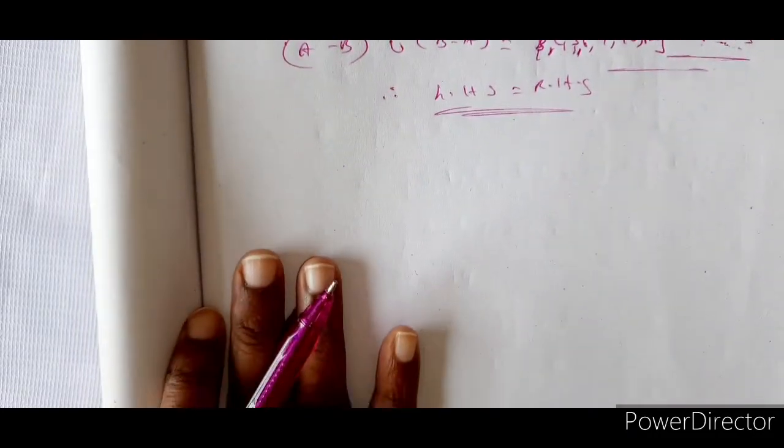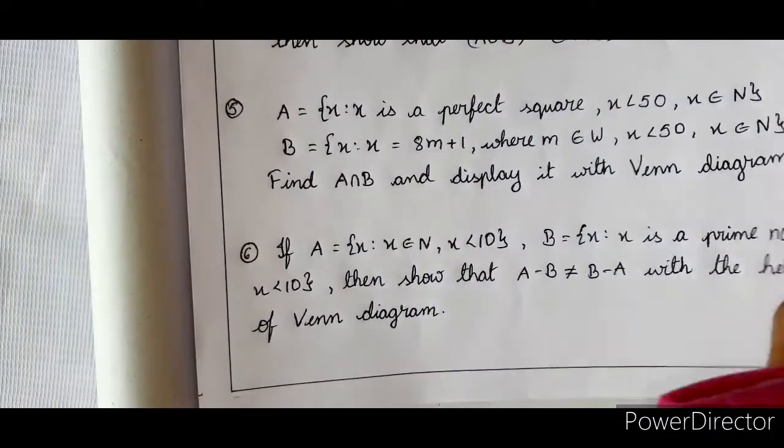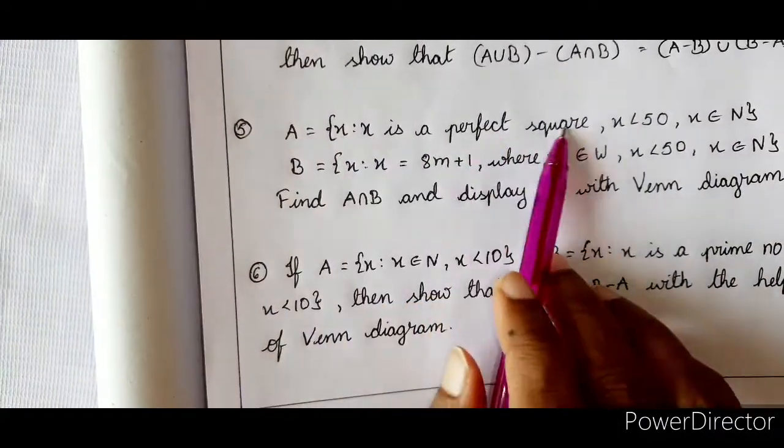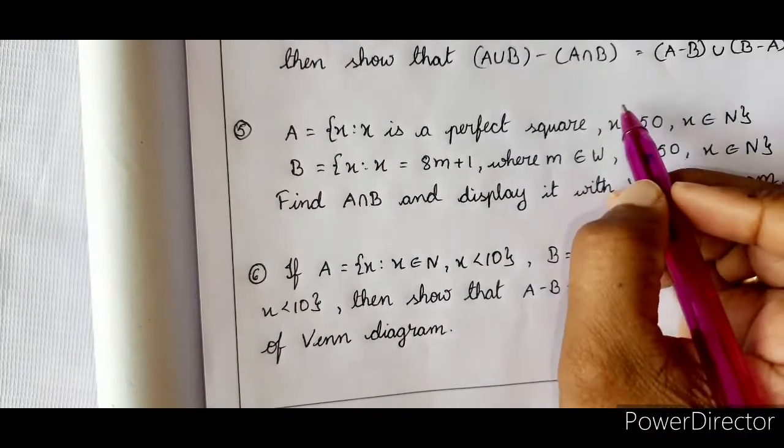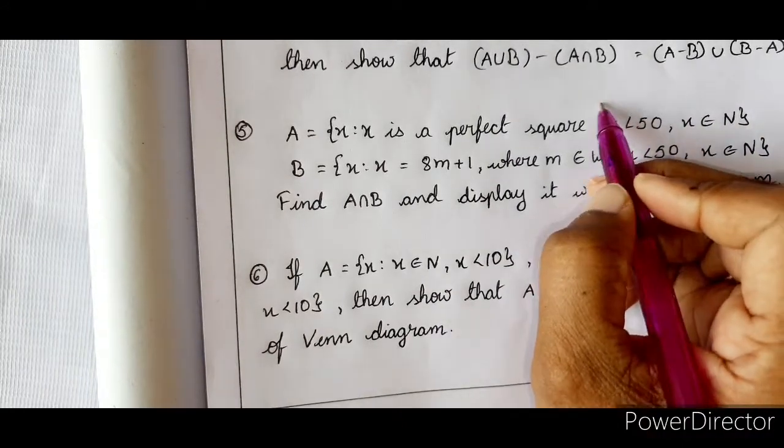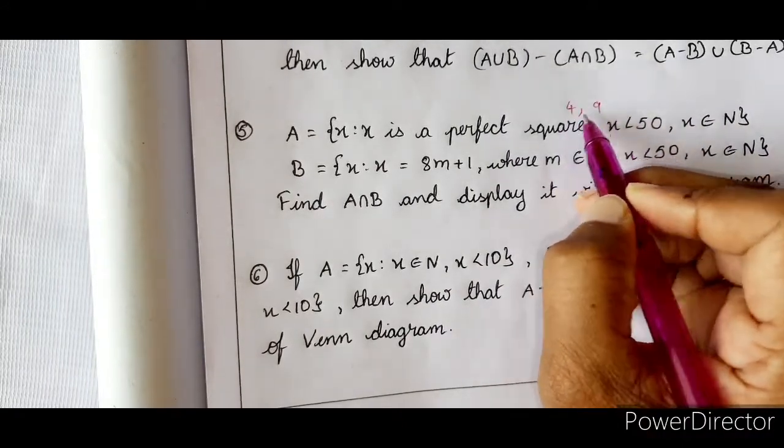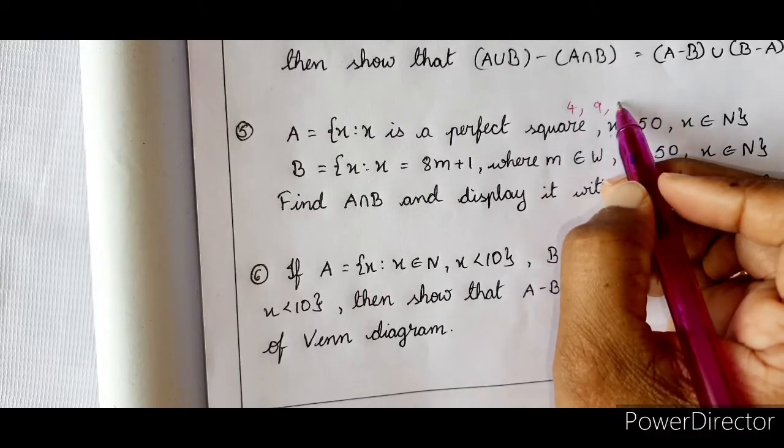Let's move on to the next one. Fifth problem. X is a perfect square less than 50. That means it should be a perfect square. 4 is a perfect square. 9 is a perfect square.